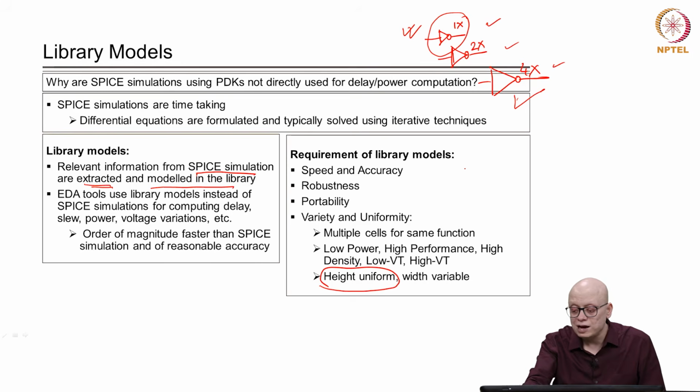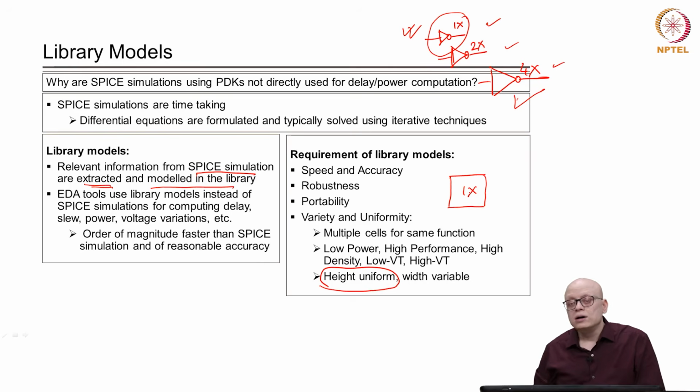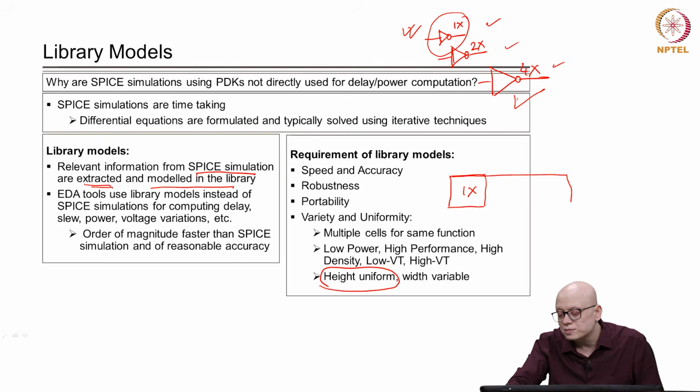So what do we change? We change the width. For example, if this is the layout for the inverter of size 1x, then the layout of the 4x inverter will be something like this. The height will remain the same, the width will be increased by 4 times.